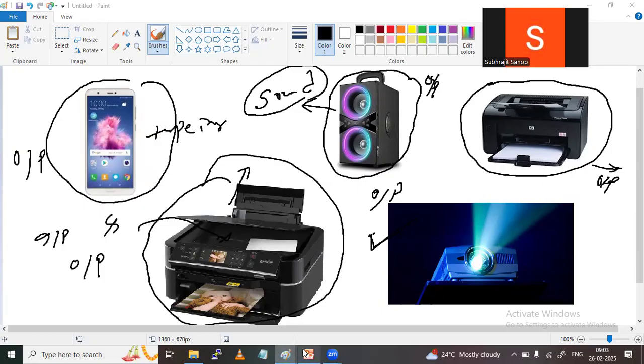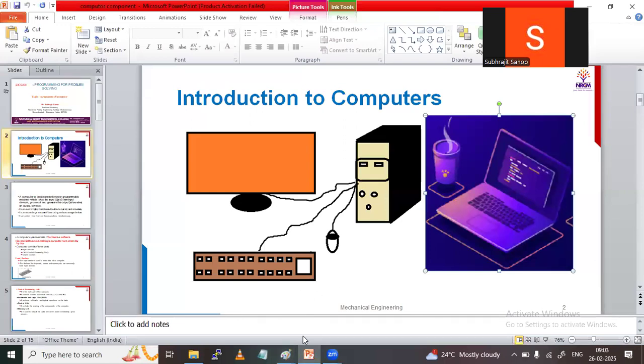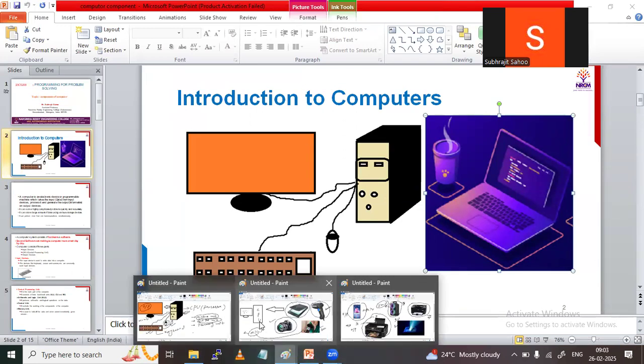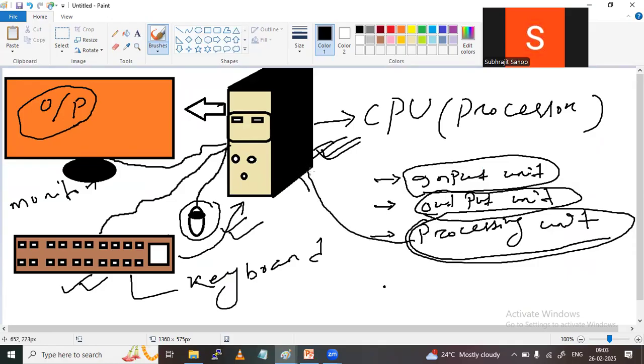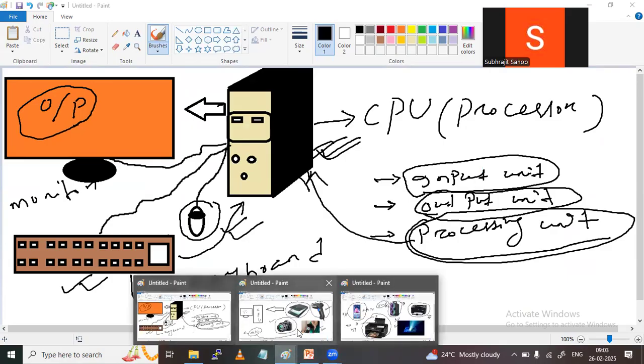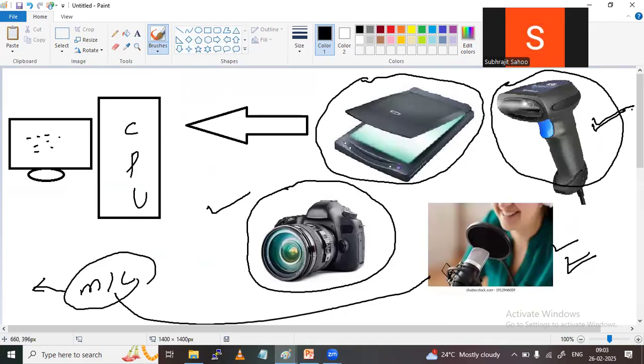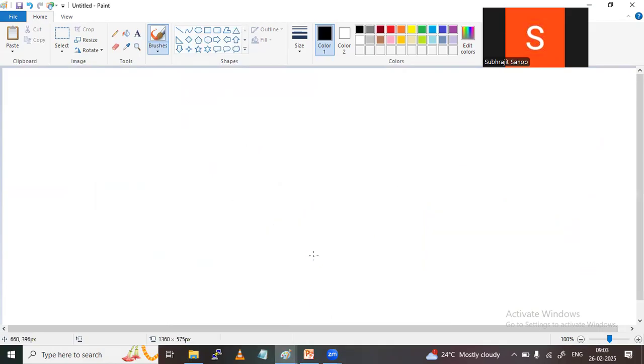Now coming to the most important one, the third one, the processing unit. Most important, nothing but this CPU, the processor. Sir, what is this one? Very easy, I will tell. Observe carefully. CPU or processing unit.